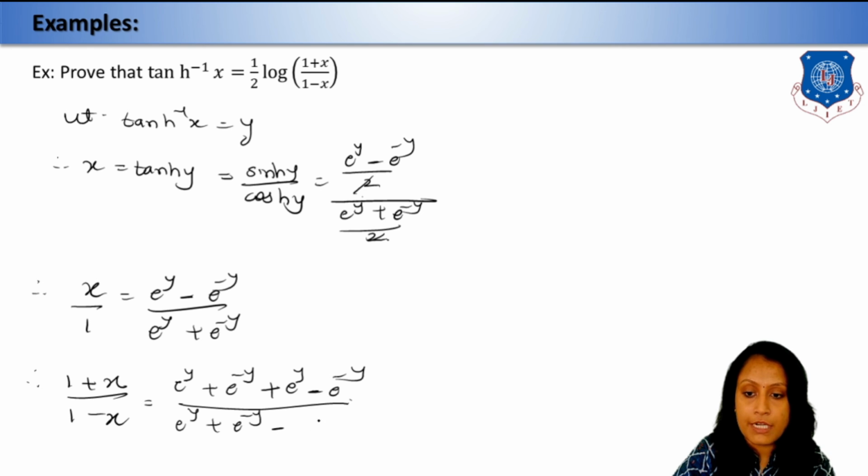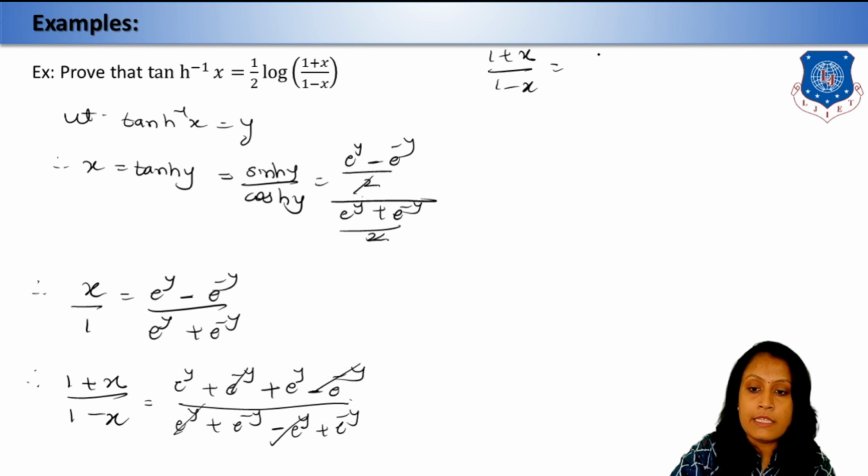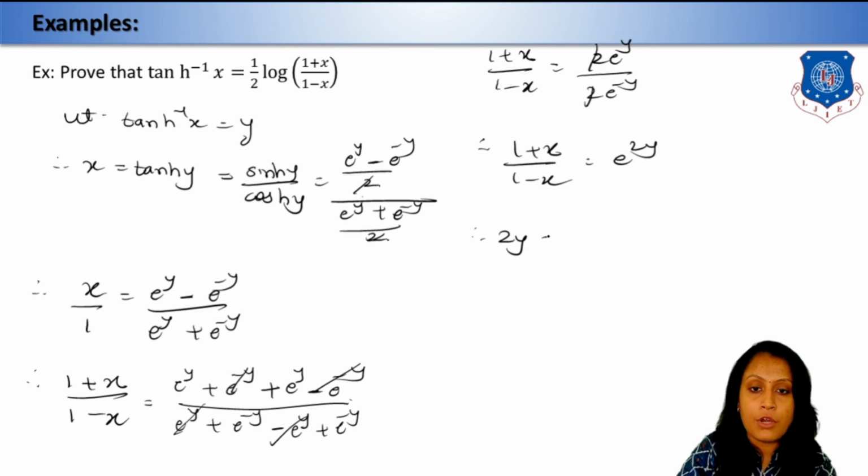Now we have to subtract, so this is minus e raised to y plus e raised to minus y. This 2 will get cancelled. So what we have? 1 plus x upon 1 minus x is 2 e raised to y upon 2 e raised to minus y. This 2 will get cancelled. Therefore 1 plus x upon 1 minus x is e raised to 2y.